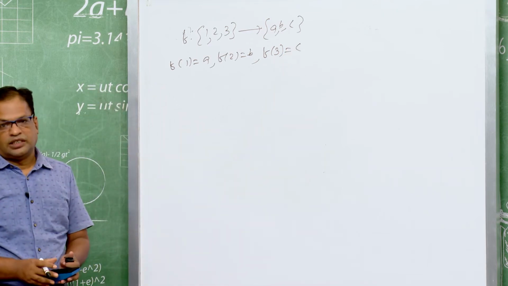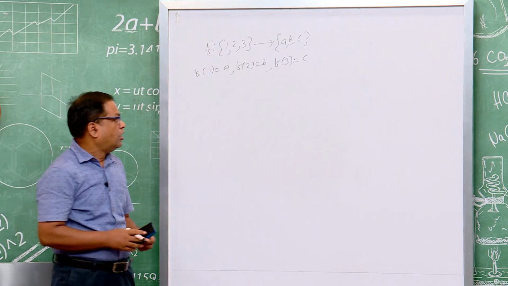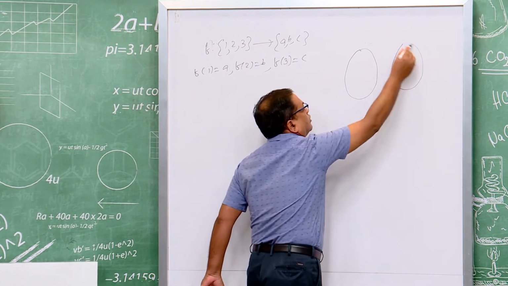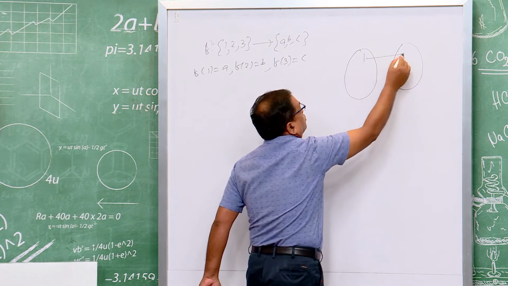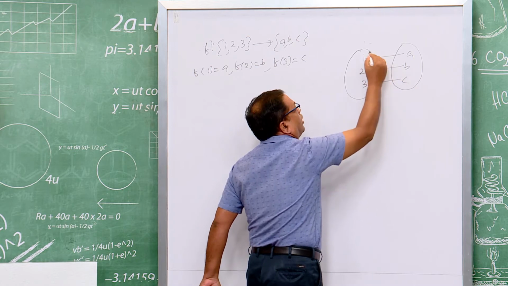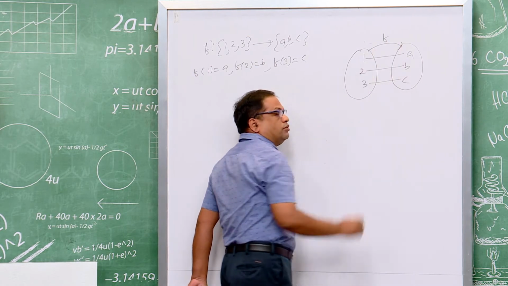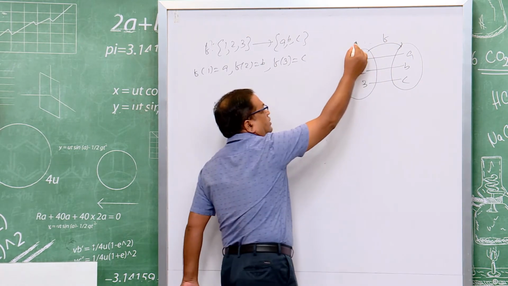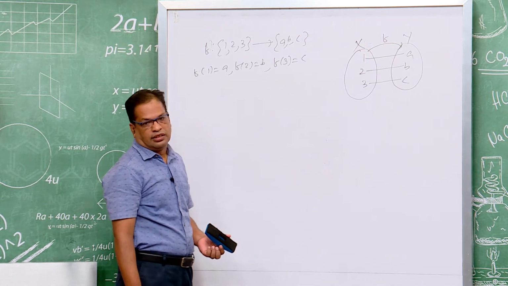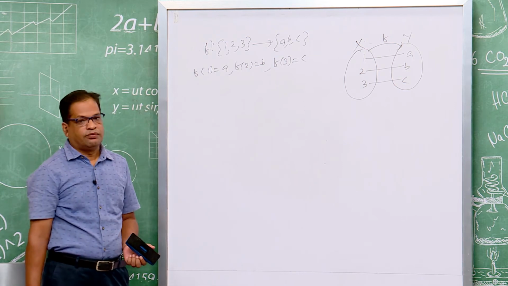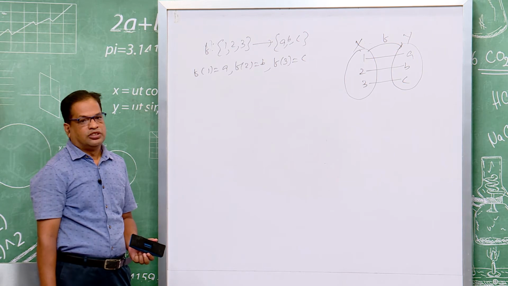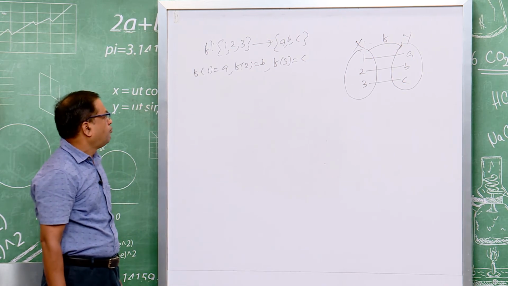This is obviously a bijective function, because 1 goes to A, 2 goes to B, 3 goes to C. Suppose this is set x, this is set y. Now, we have to find another function such that f composition g is bijective and g composition f is also bijective.